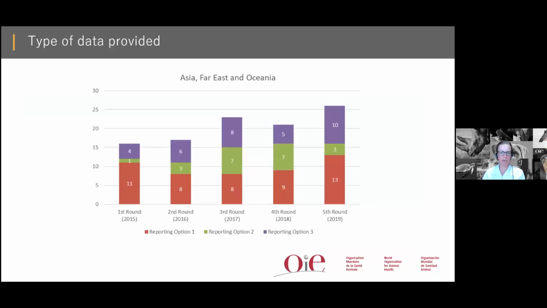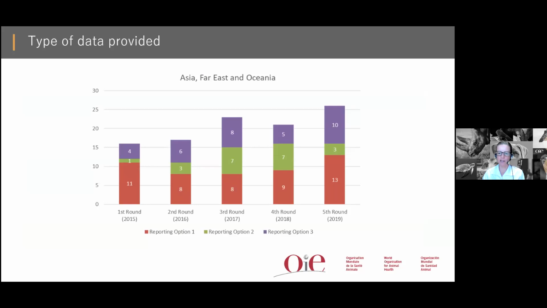So you'll see that this is information just for this region, so Asia and the Pacific. Reporting option 1, if you remember, we're getting the type of antimicrobials that are used and the overall amount, but not very much other information. And reporting option 2, which is in green, we will also get some information about the type of species.